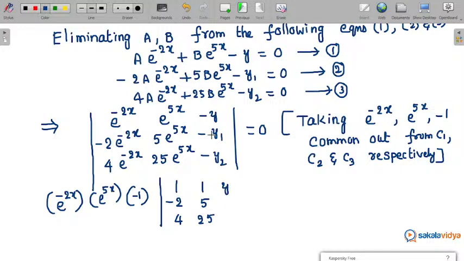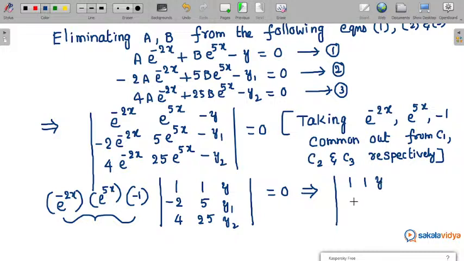Here y, because negative 1 has been taken common out from C3, y, y1 and y2 equals to 0. So after simplification, this determinant becomes 0. That implies we get the determinant of 1 1 y, minus 2 5 y1, 4 25 y2.